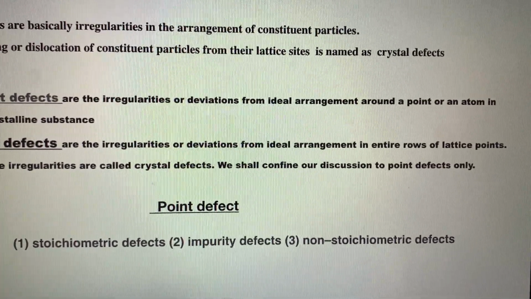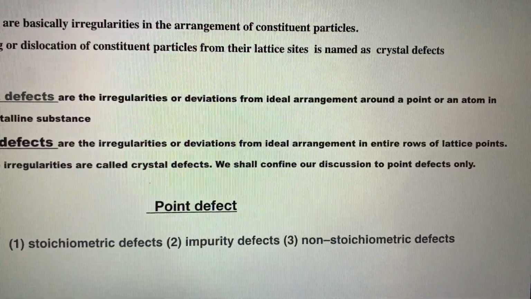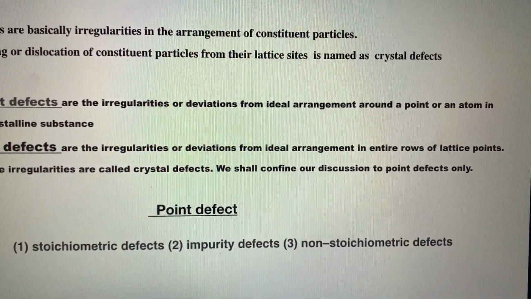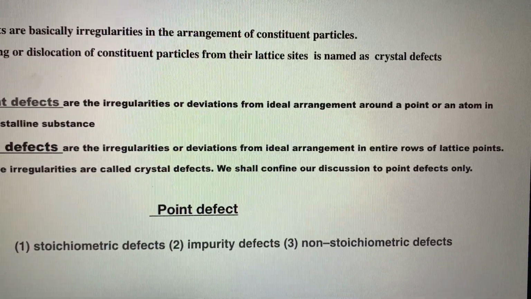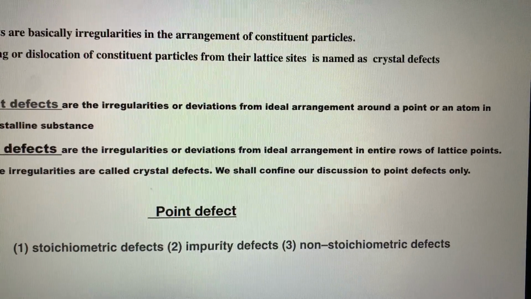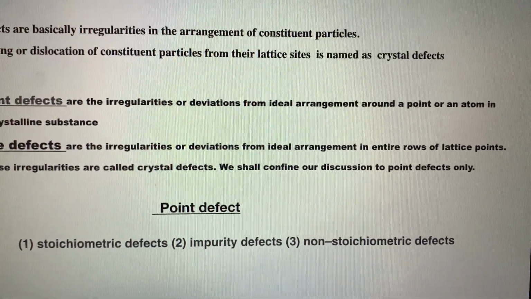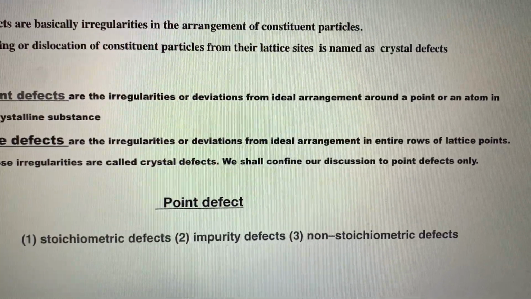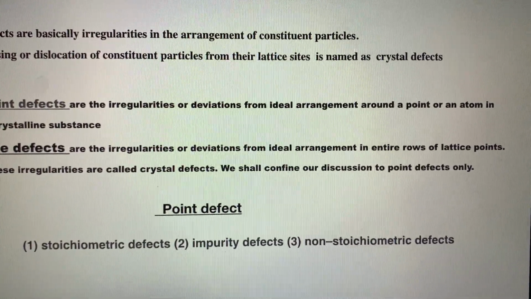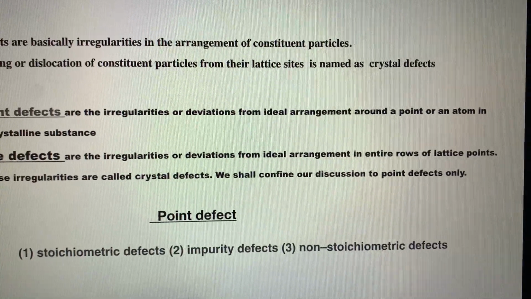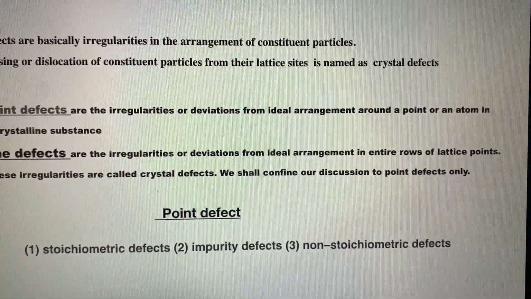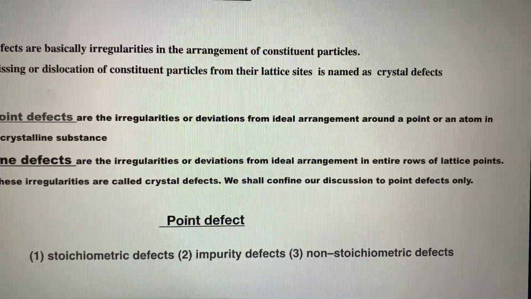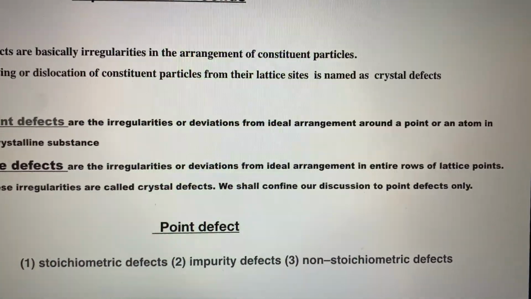Something we add to the main crystal so that impurities can be seen, and that results in certain vacancies, which will be called impurity defect, which you'll see later on. And third is non-stoichiometric defect. It explains that due to high pressure or temperature, if you create a defect, the ratio between elements can be disturbed. So today we are going to take stoichiometric and impurity defects, and we'll understand exactly how this is done.